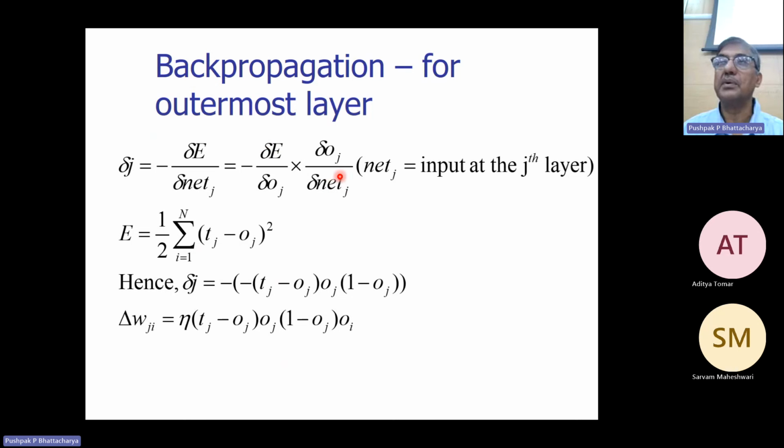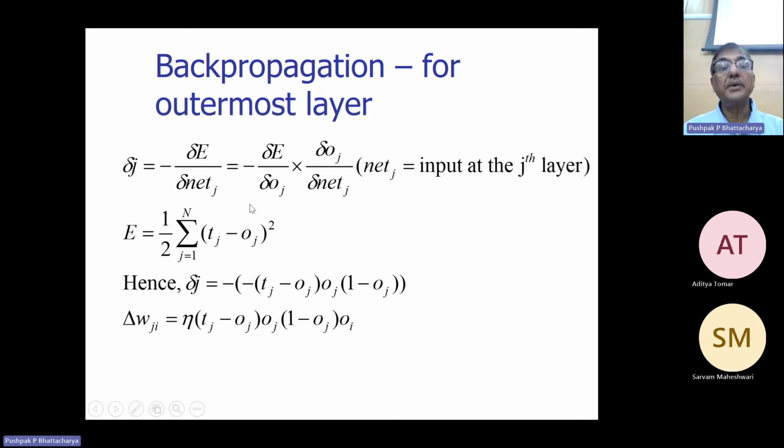It depends on O. So E is equal to half the sum of Tj minus Oj squared, j going from 1 to N. For an outermost layer neuron, taking the derivative with respect to Oj, minus delta E by delta Oj becomes Tj minus Oj.